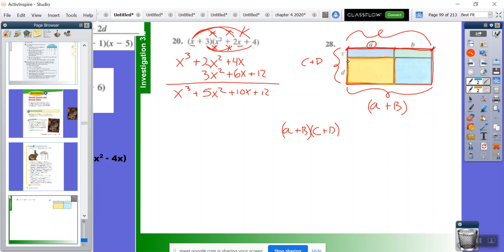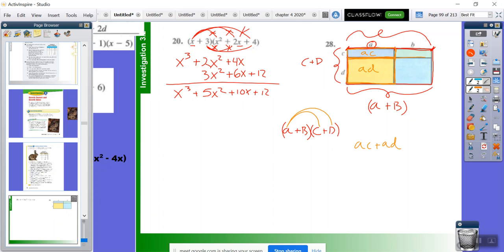What's the area of this rectangle right here? CA. Very good if you're Colorado Academy, but we're going to go alphabetical order. So AC. And here's our AC right here. So we have AC plus AD.